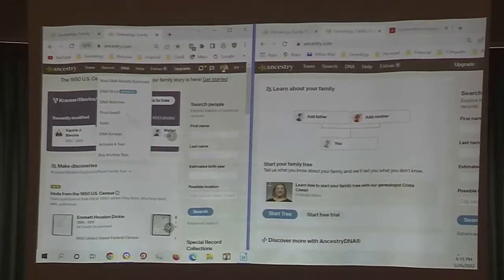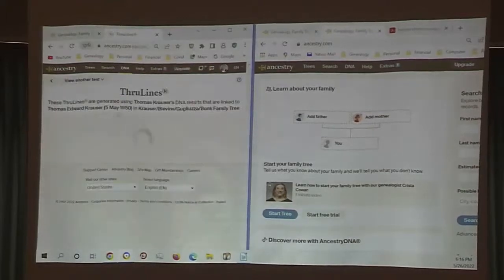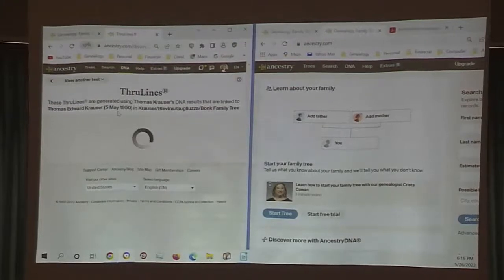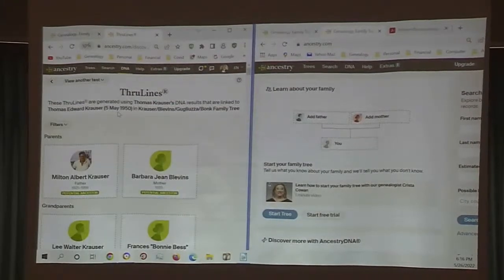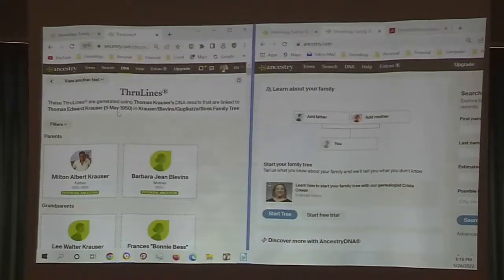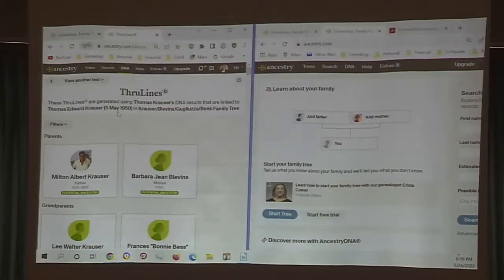So for example, suppose I wanted to do a through line. And so I bring up a through line here. What a through line does is it takes all of the DNA matches out there for you, and through artificial intelligence, takes you back up to your common grandfathers, your common ancestors.